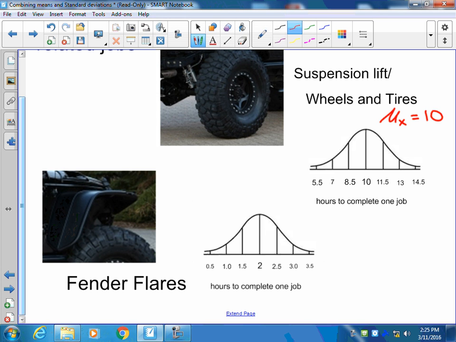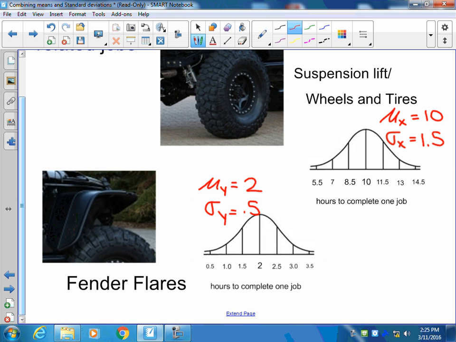And we've got standard deviation of x is 1.5. Okay, and we've got our fender flares. We're going to call the fender flare job with our mean of y. Average time to complete that, 2 hours. Standard deviation of y equals 0.5 of an hour. Okay, so now we've got these 2 to combine.